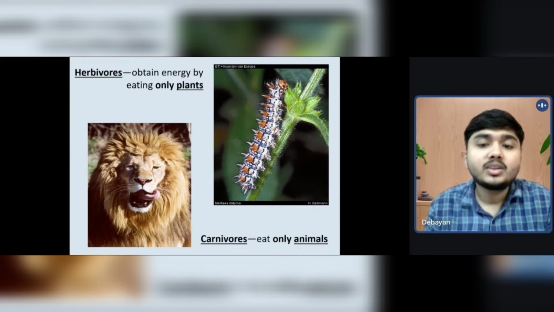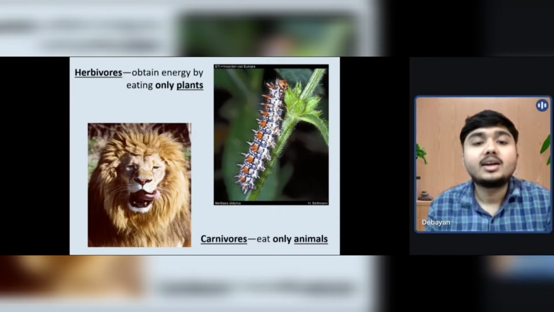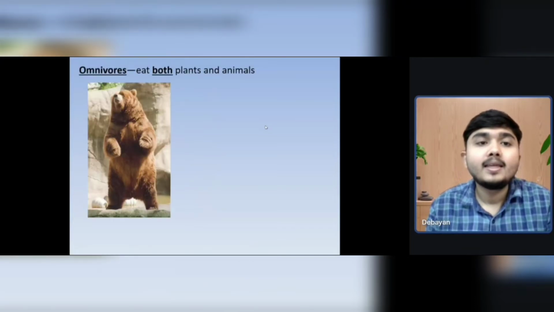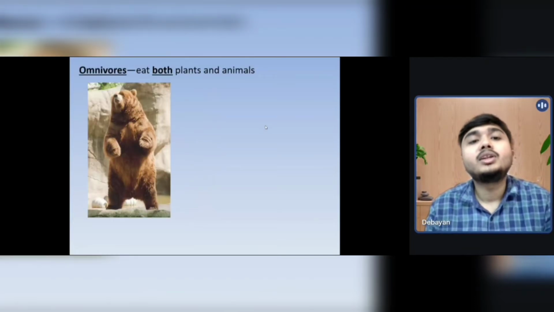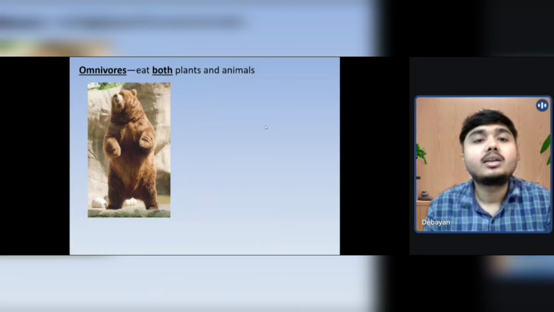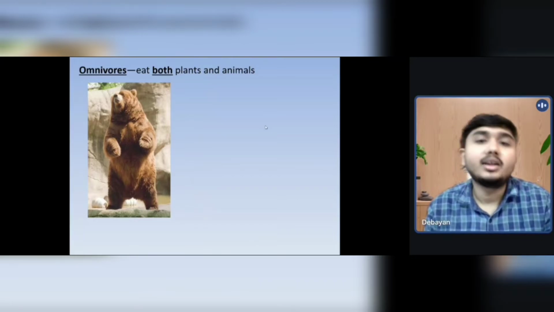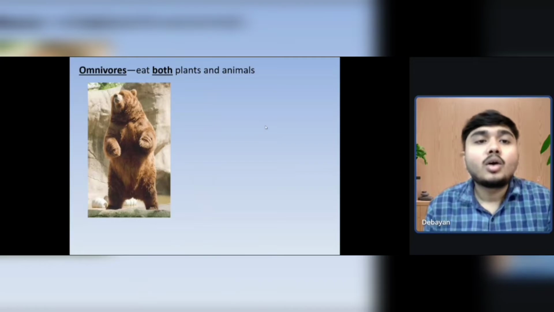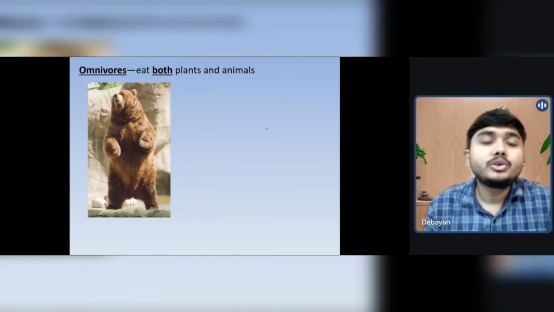And carnivores are animals like lion and tiger, they eat meat. Omnivores are a new term, like deer, that eat both plants and animals. So student, you can understand what I am trying to say to you.